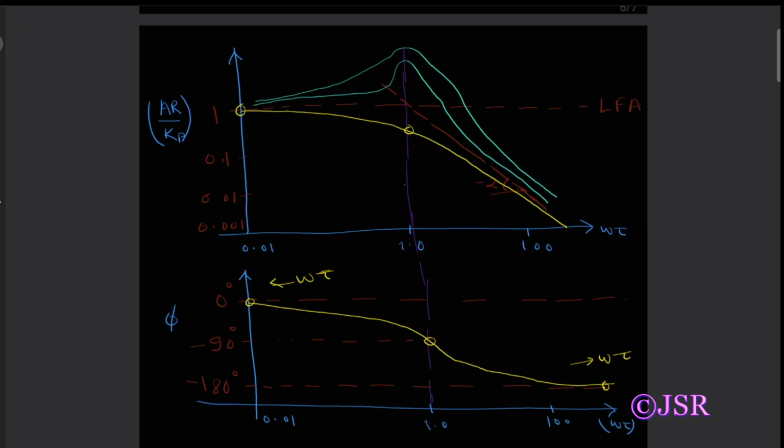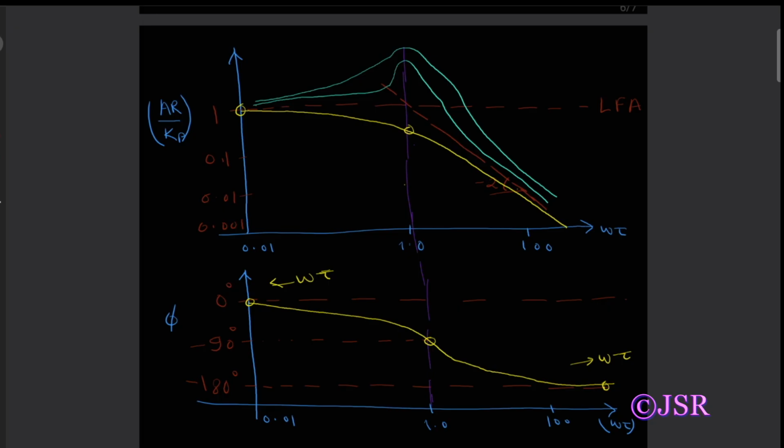So when we have an underdamped system, the AR upon Kp versus omega tau gain plot will be shown like this.